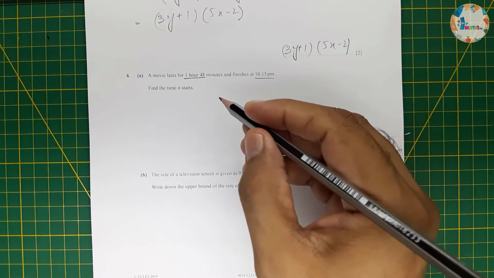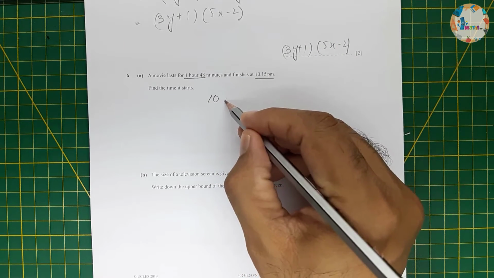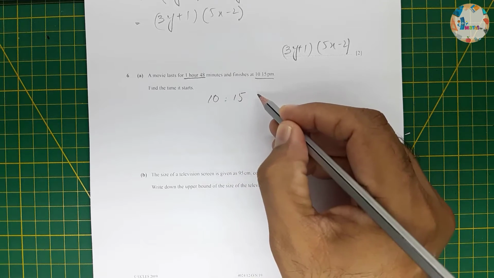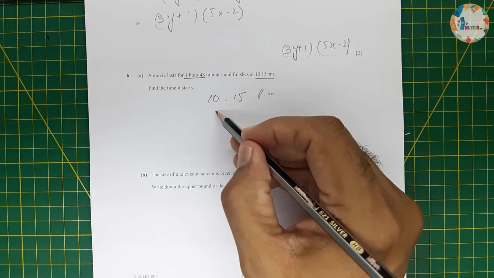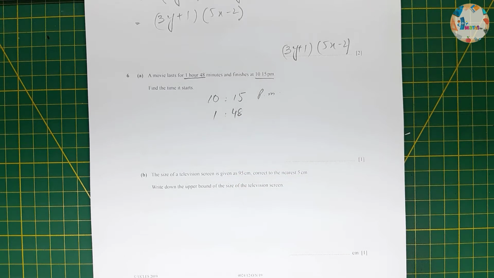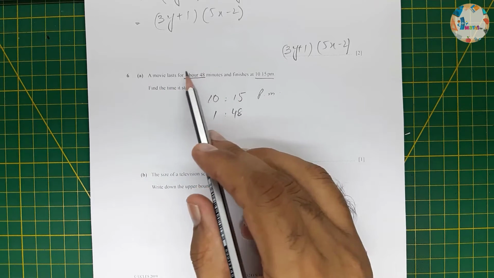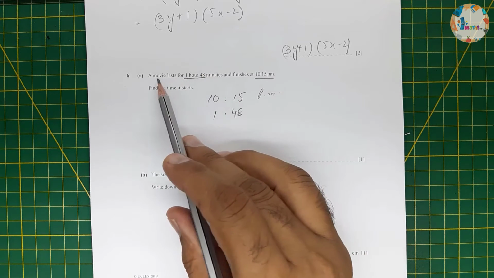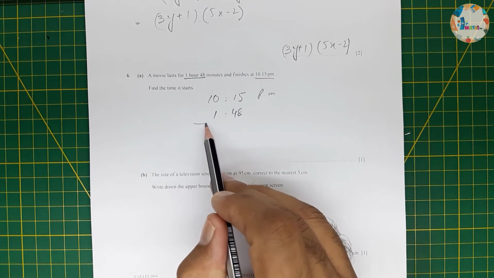The simpler way is to take 10:15 p.m., which is the time at which it is finishing. We have to subtract 1 hour and 48 minutes from this time, because the movie lasts for this duration, so it must have started before that.